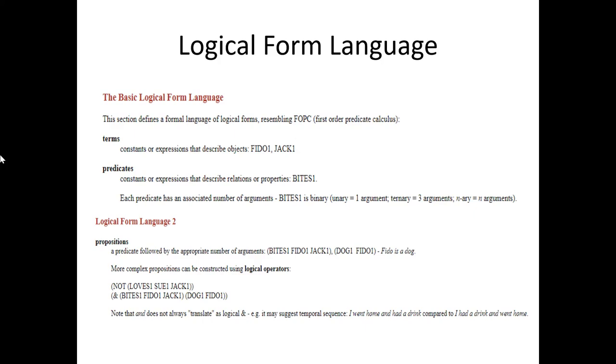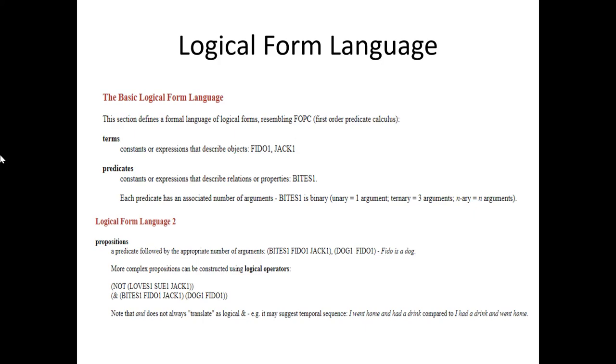So there are terms. Terms are nothing but constants or expressions that describe objects, like we have Fido1, Jack1. We'll take one example. Then we may have predicates. Predicates are nothing but constants or expressions that describe relations or properties. Each predicate has an associated number of arguments.